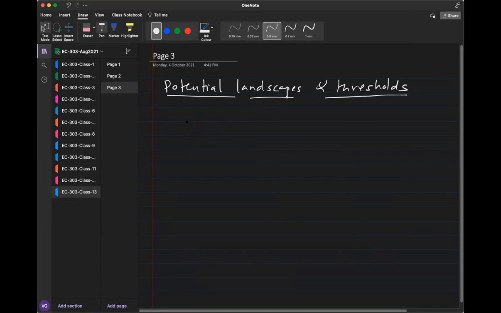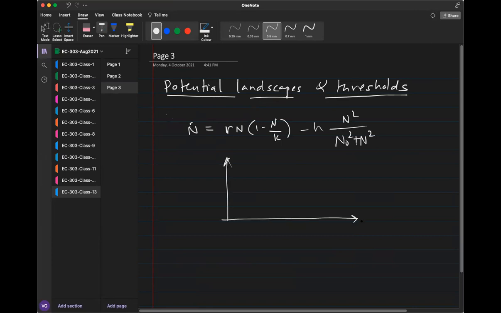Okay, now let's just remind ourselves of a model like the logistic model, right? Minus h. So we know this has a bifurcation diagram like this, right? And n star.